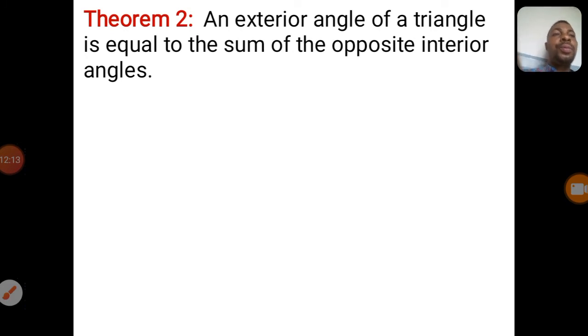Theorem number 2 states that an exterior angle of a triangle is equal to the sum of the opposite interior angles. An exterior angle of a triangle is equal to the sum of the opposite interior angles.